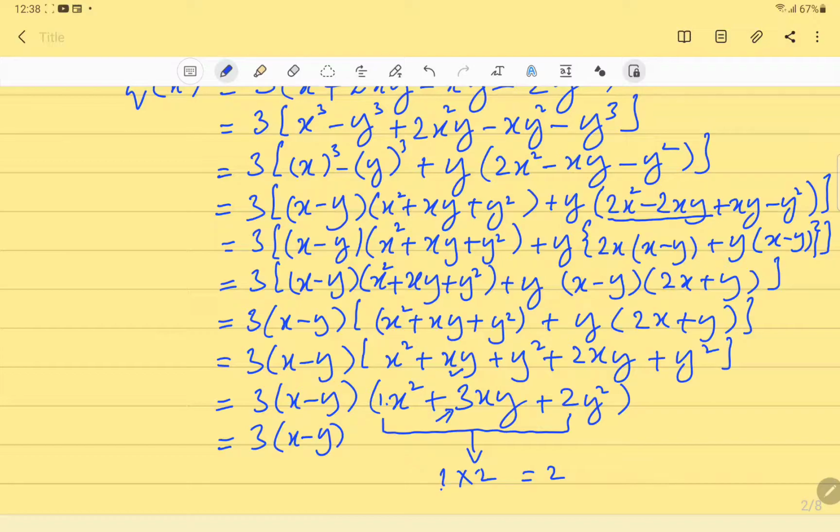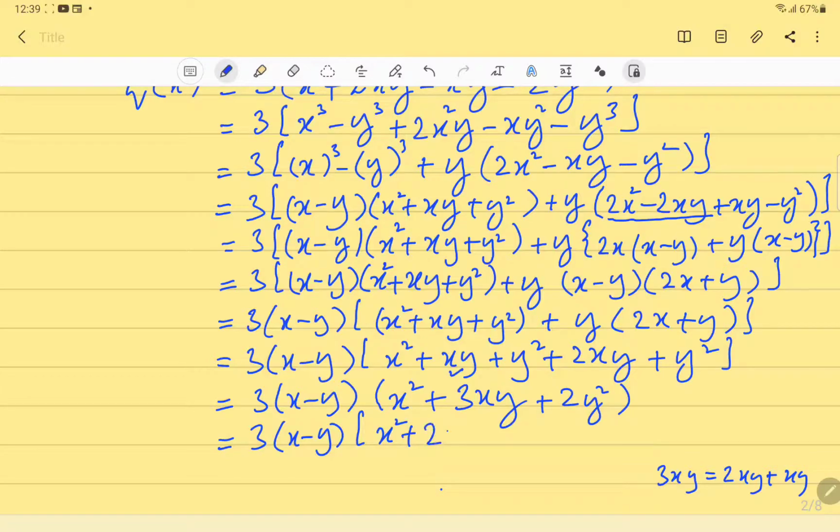So instead of 3xy, we can write 2xy plus xy. Now, instead of 3xy we will be writing 2xy plus xy plus 2y squared.